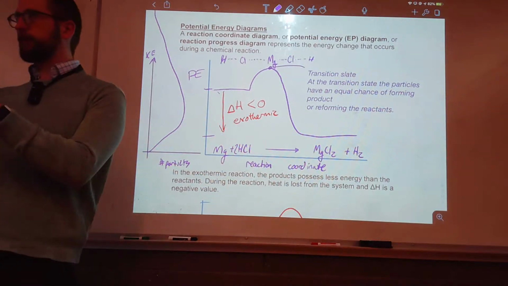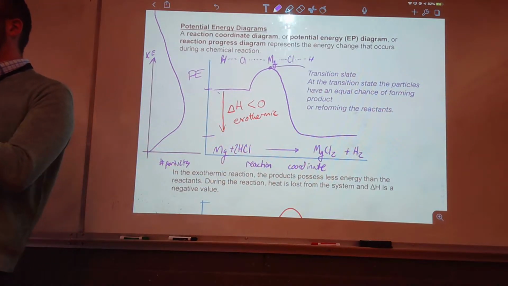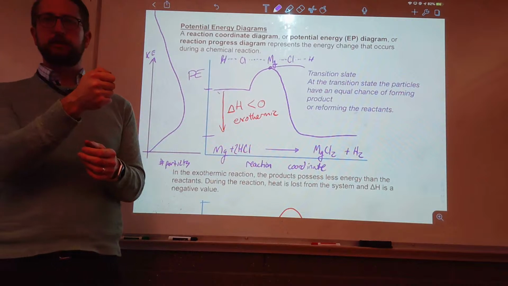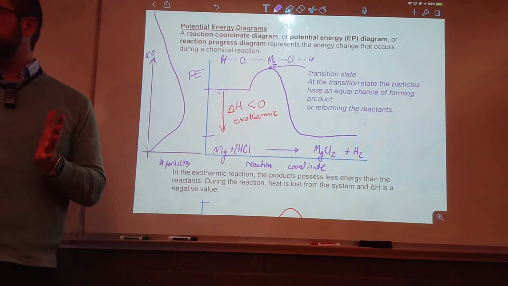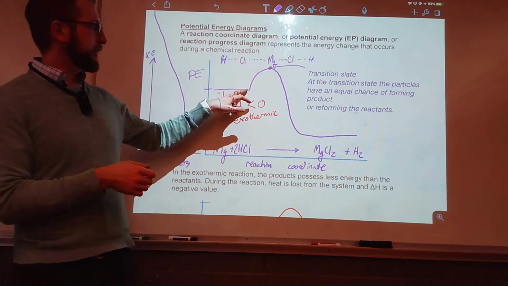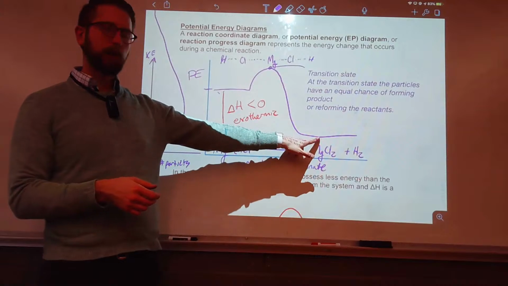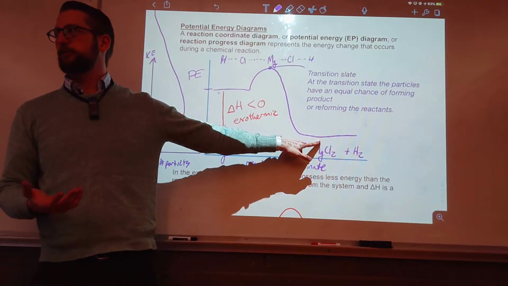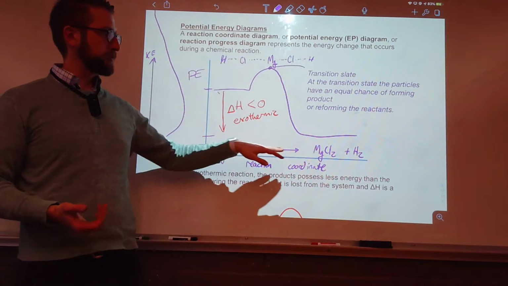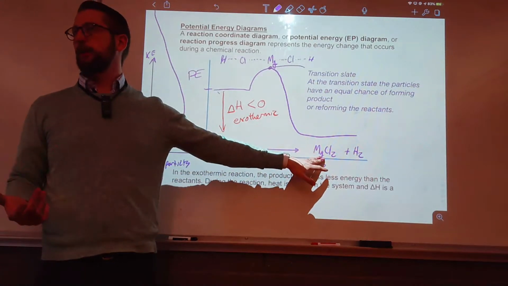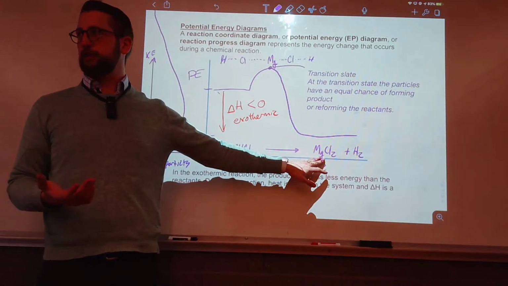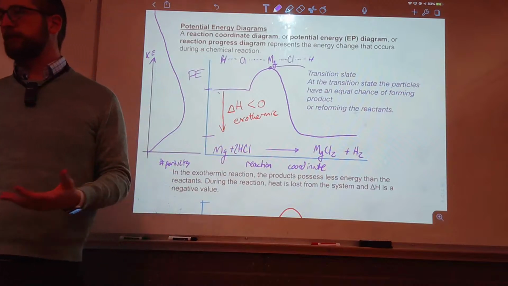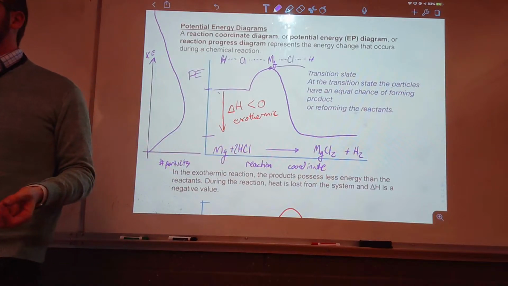Remember that when we felt our magnesium and hydrochloric acid reacting in the test tube the other day, it was hot. So notice that in the production of the product, you have a product that has less potential energy. So you've made a new arrangement of atoms in a way that has less potential energy. If it has less potential energy, what have you created more of?